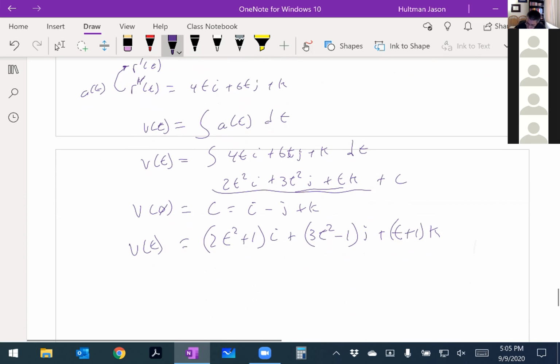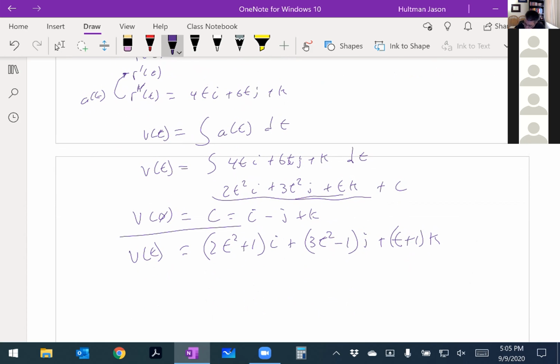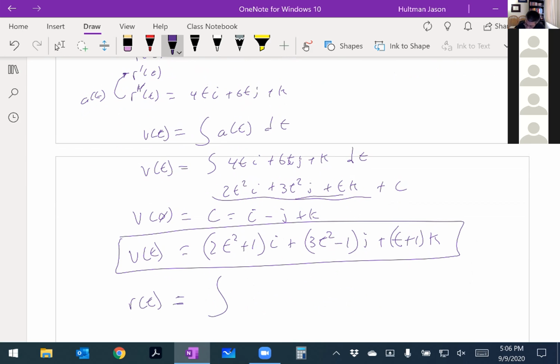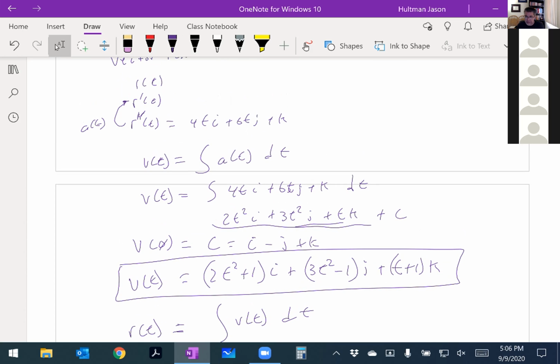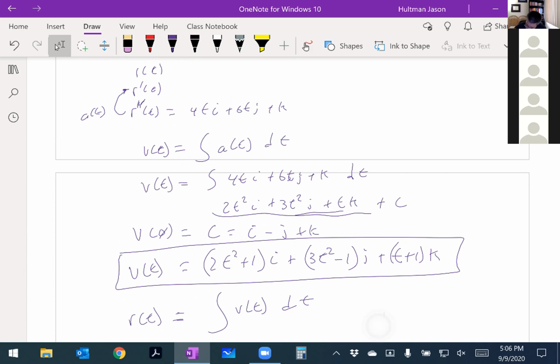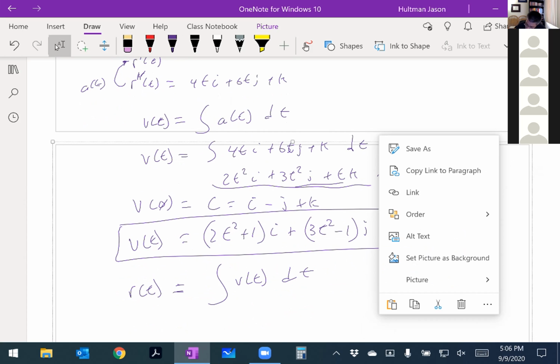So now how am I going to get my position vector, r of t? Well, isn't r of t going to be the integral of v of t? And then they give us our initial position, right? They give us an initial position of just 1, 0, 0. Okay, so let's integrate again.